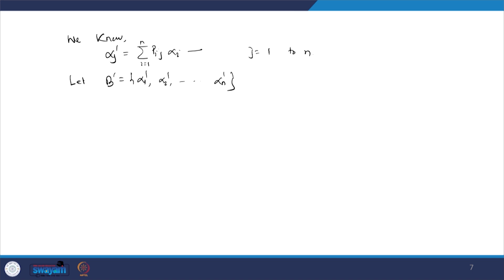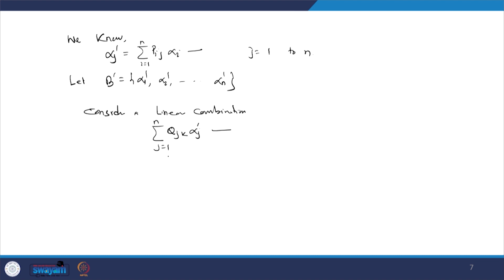So, what I will do, consider a linear combination like sigma over j equal to 1 to n of q j k alpha j prime, please. If somehow I can show that this linear combination gives me an element from B, then also I am through. Okay.